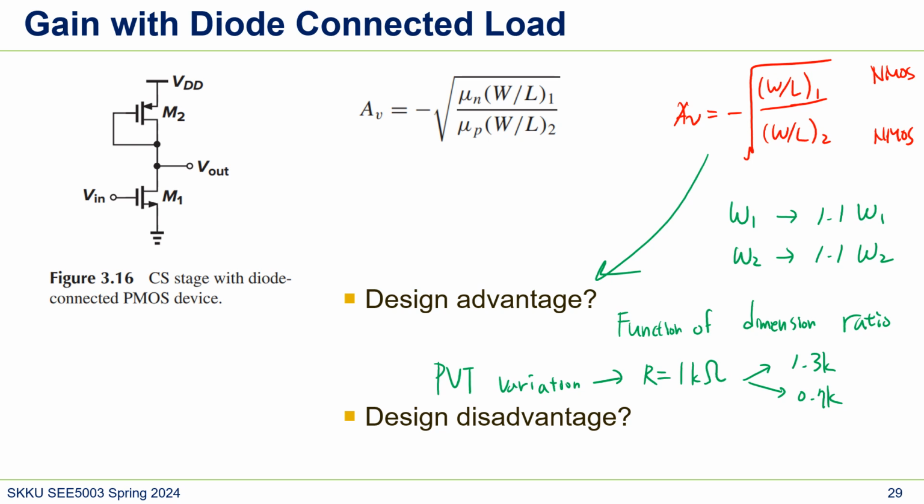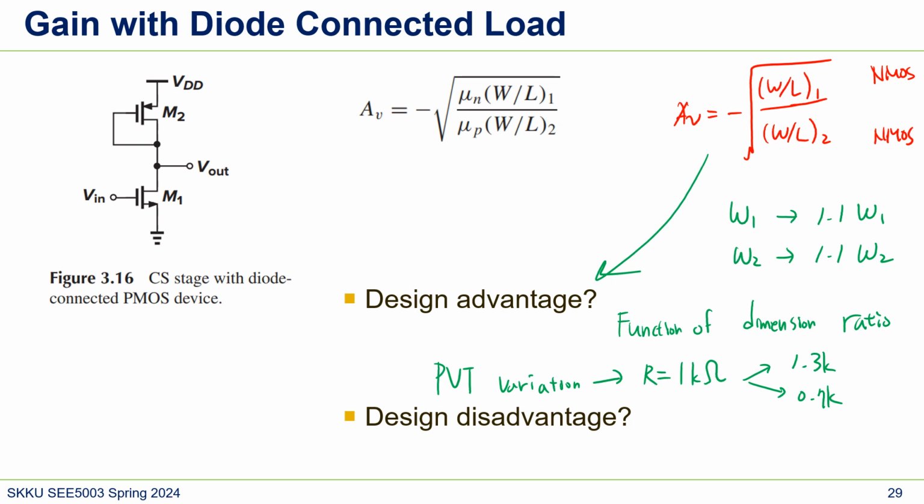If they're close in terms of distance, it's highly likely their MOSFET parameters are very similar. So if the width suddenly becomes 10% larger, then the other width will also be 10% larger.